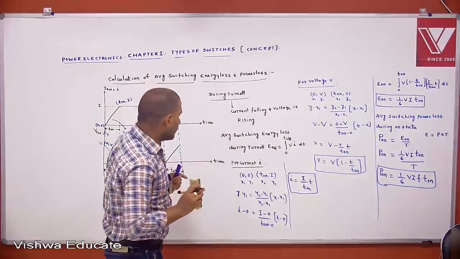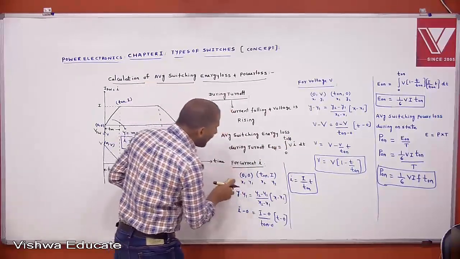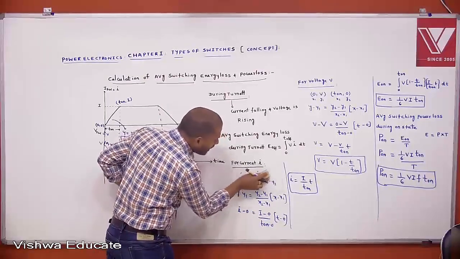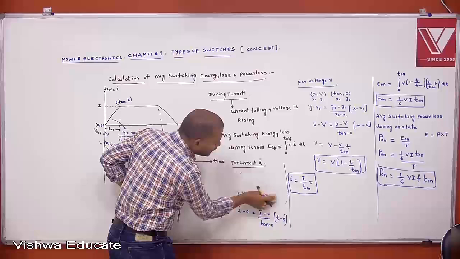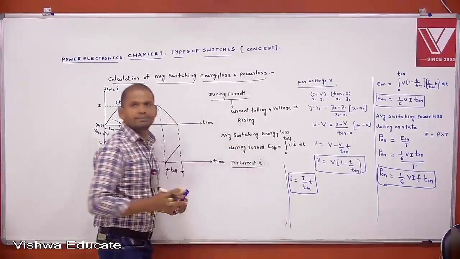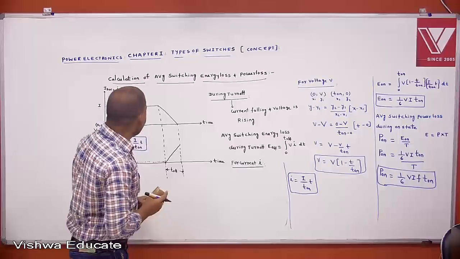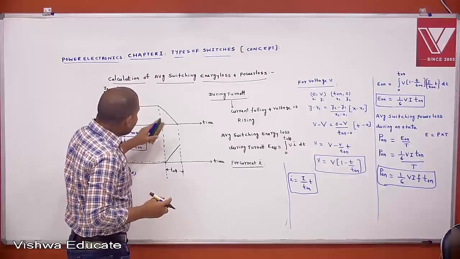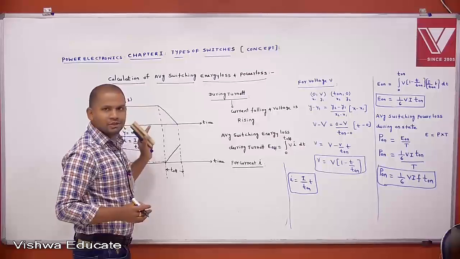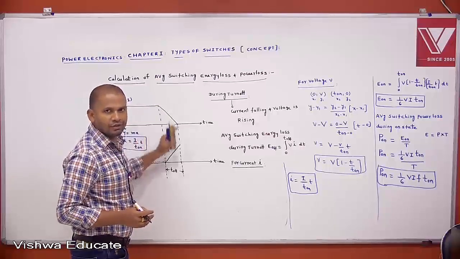Understood? Now I want to write the expression for current I. Without doing this analysis also, how to write directly, I told already. Now we are writing the expression for current I. This is falling slope or rising slope? Falling slope.